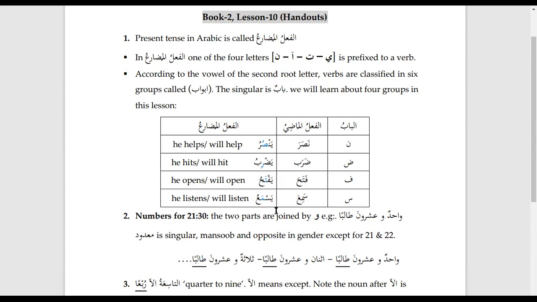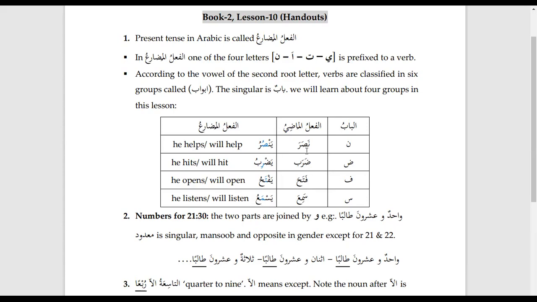When we learn and understand these verbs, then based on them we can make the rest of the derived forms of the verb as well. For example, we can make the doer, fa'il, and the object, maf'ul. We have learned that the doer comes on the pattern of fa'ilun.